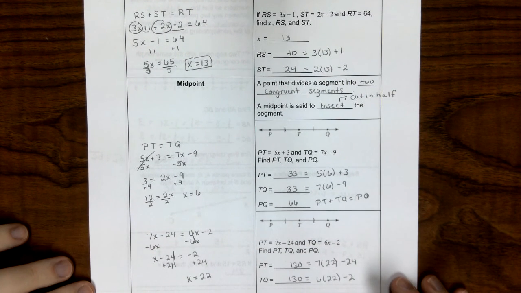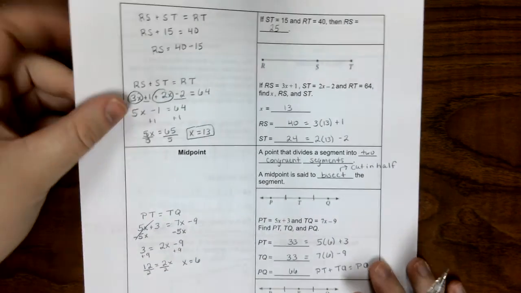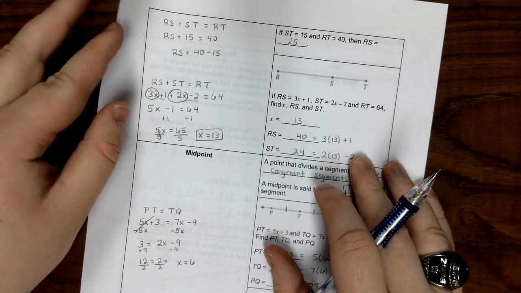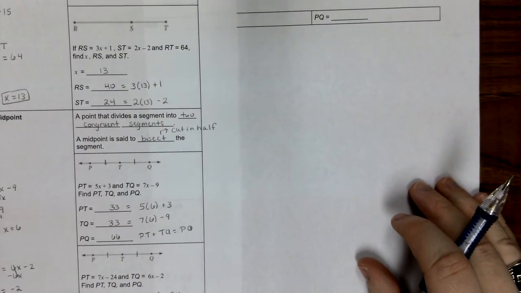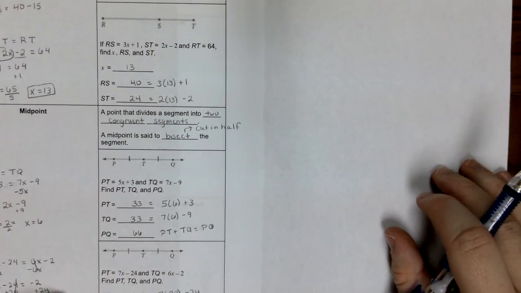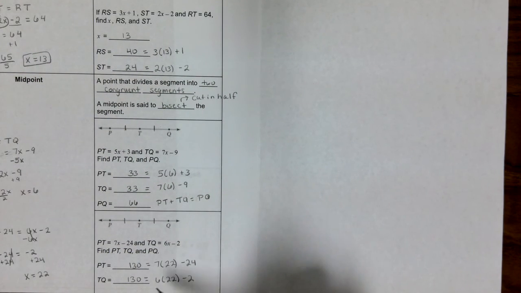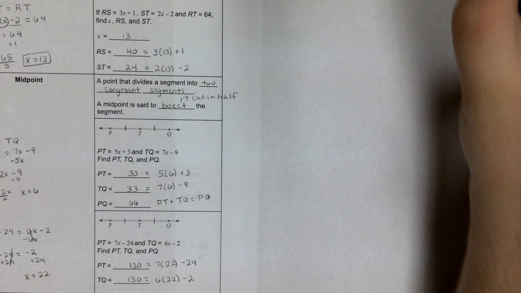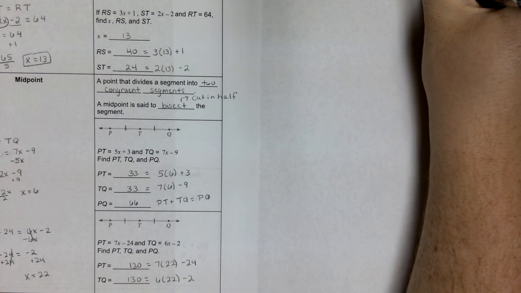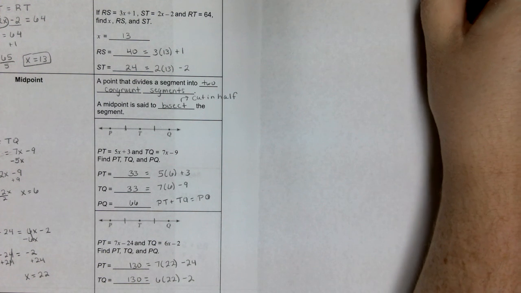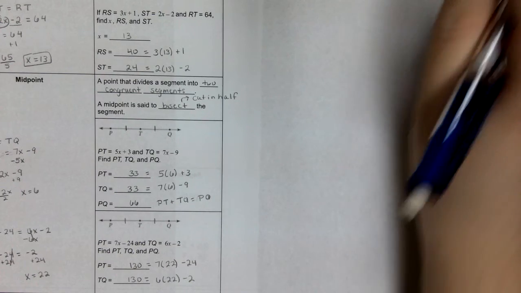All right. And then on the very last page, because it would not fit no matter how much I tried to make it work, we have PQ. So again, we're going to use the segment addition postulate with these two pieces we found. Oh, you can't see what I'm writing.